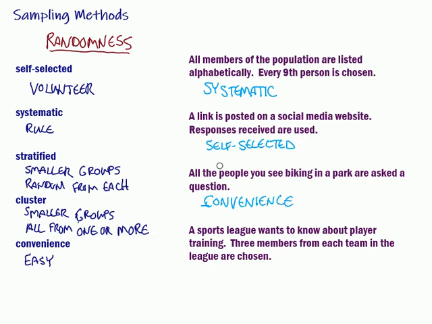So a convenient sample. The last one here, a sports league wants to know about player training. 3 members from each team in the league are chosen. Okay, so we have teams in a league. So we have those smaller groups. So it means it must be either a stratified or a cluster sample because we've got that smaller group going on, each of the teams.